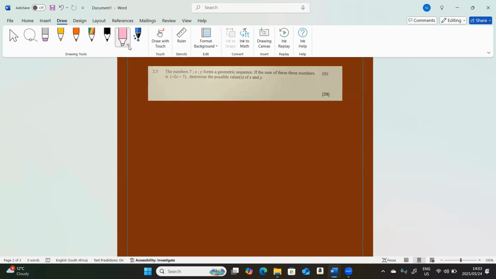Let's just read what they say. They say the numbers 7, x, and y form a geometric sequence, guys, a geometric sequence. So we know that we can use the principles of a geometric sequence.